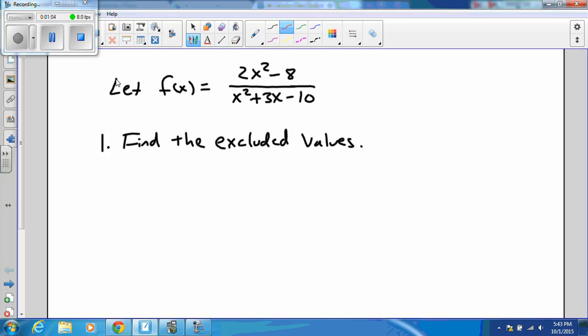The excluded values are the values that cannot be substituted in for x because they would lead to division by 0. And so to find the excluded values, I must set the denominator equal to 0 and then solve in whatever way seems suitable. In this case, factoring is our friend.